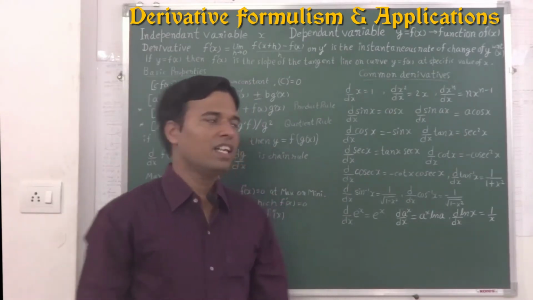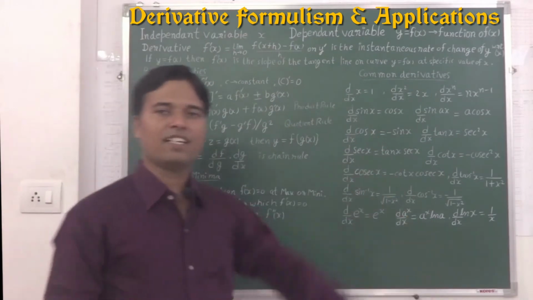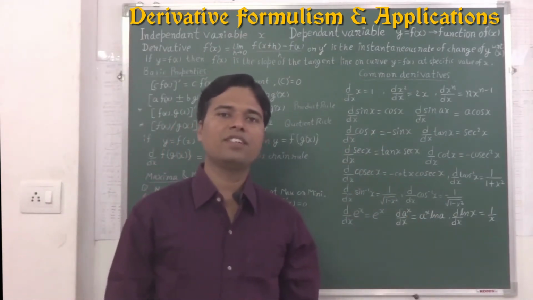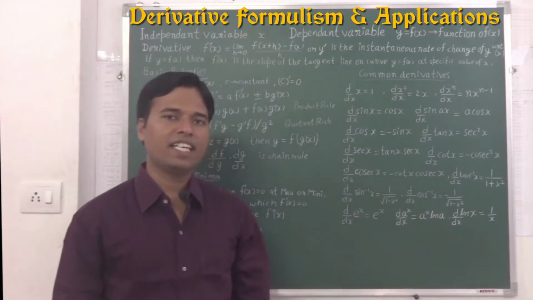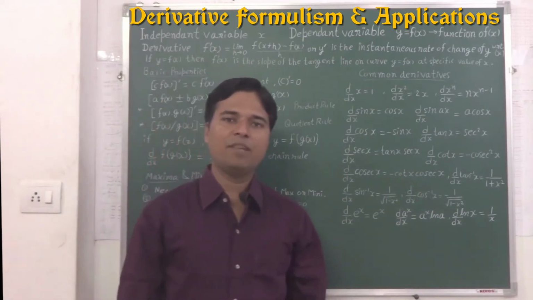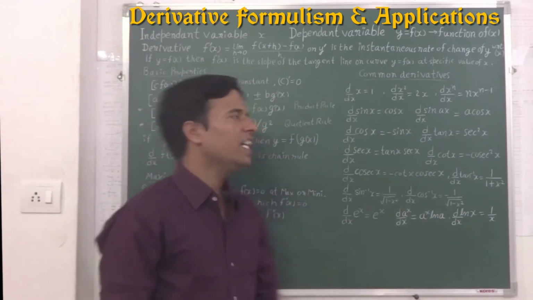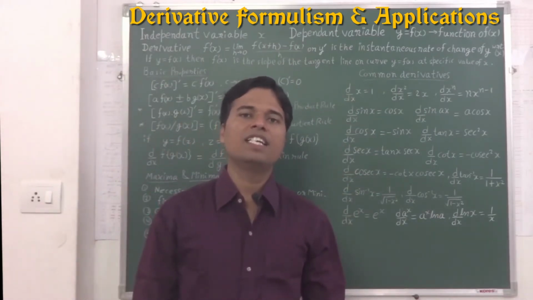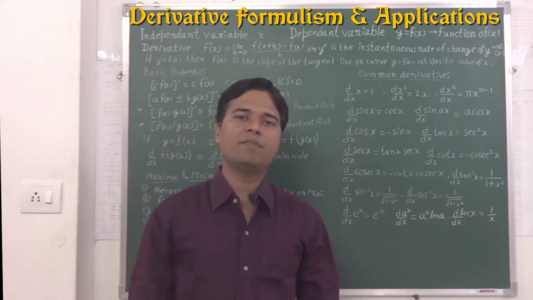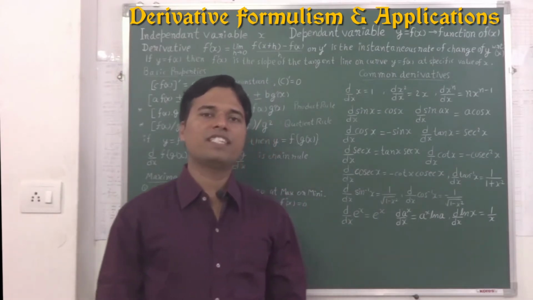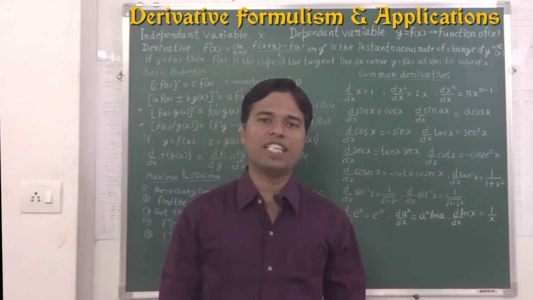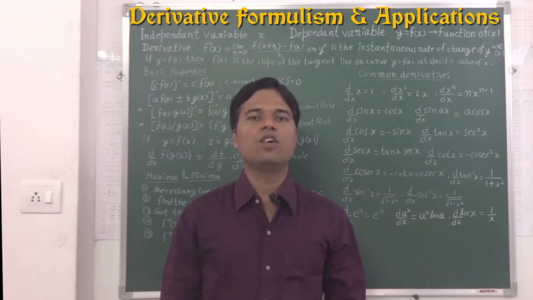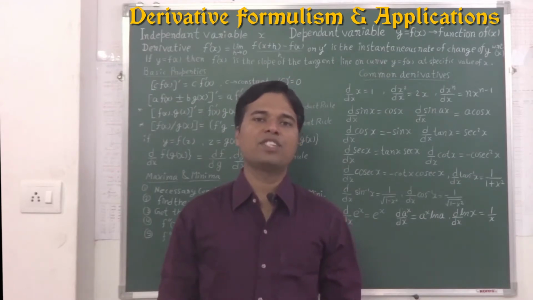Independent variable x is such that it does not depend on any other quantity. It is called independent variable. It is denoted here like x. For example, time is an independent variable. Other quantities such as velocity and acceleration may depend upon the time changing.